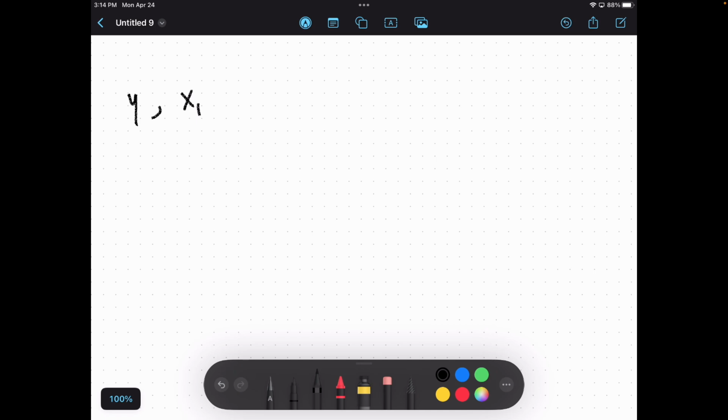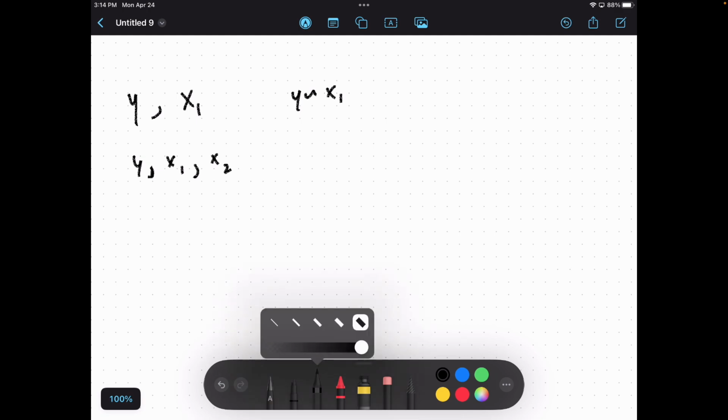How many model configurations are there between my response and my explanatory variable? There's one. It's y on x1. How many combinations are there here? 3. Yes, ignoring the interaction variables.